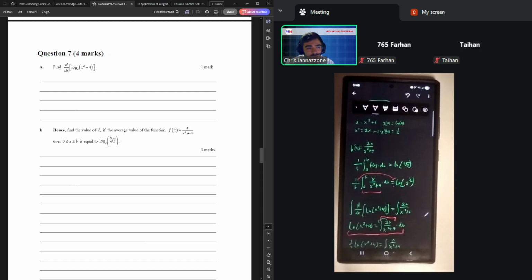But even in the questions where you do have a reasonable guess as to where you would go next, your marks are limited to process. Just based on the wording of this, hence find the average value, it's kind of hard to assume what it's going to look like. This one will be very tough to get any consequential marks out of.